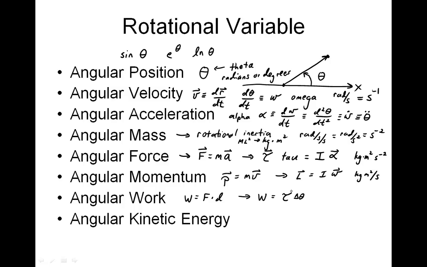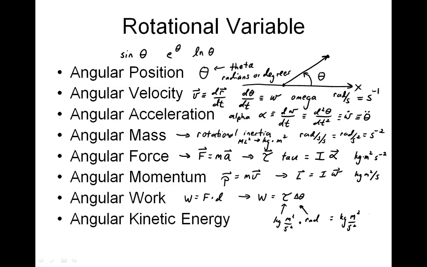Now in this case, the units are actually going to work out nicely because the units for torque are kilogram meters squared per second squared. Right? So kilogram meters squared per second squared. The units for theta are radians, but those are dimensionless quantities, so when I multiply those together, I just get kilogram meters squared per second squared.